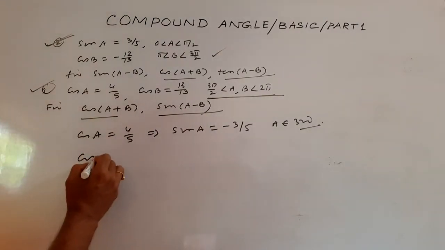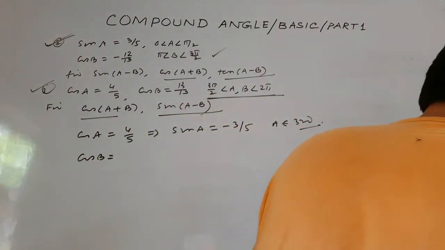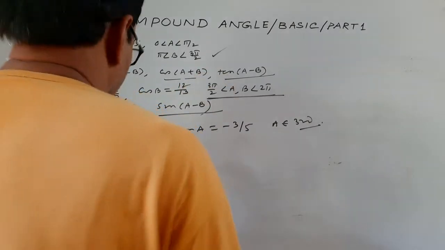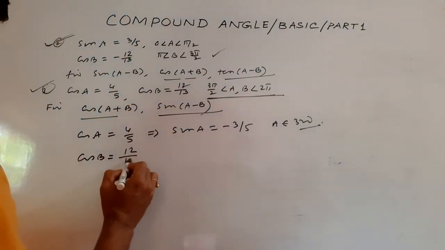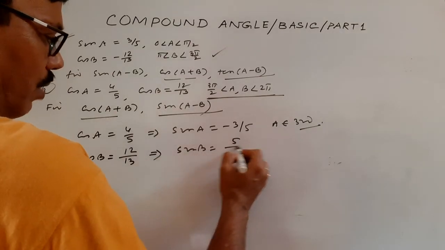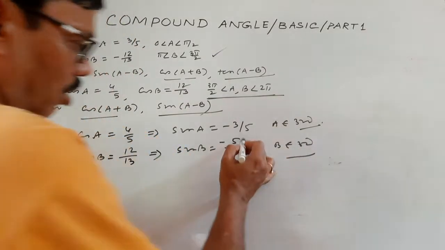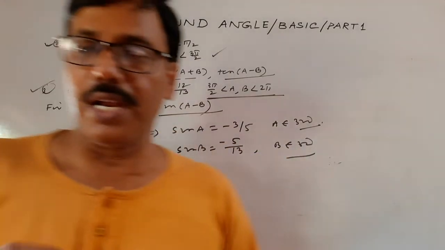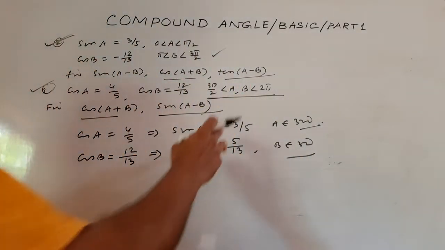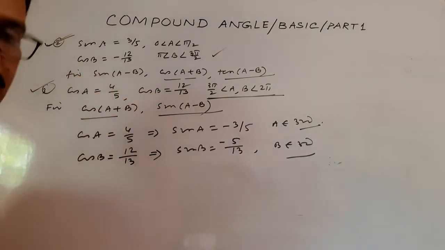Now cos B equals 12 by 13, so this implies sin B equals 5 by 13. B belongs to the third quadrant, this is also a negative sign. Mind it, you have to take the proper sign. It is minus, it is minus. Put the formula and you get the result.